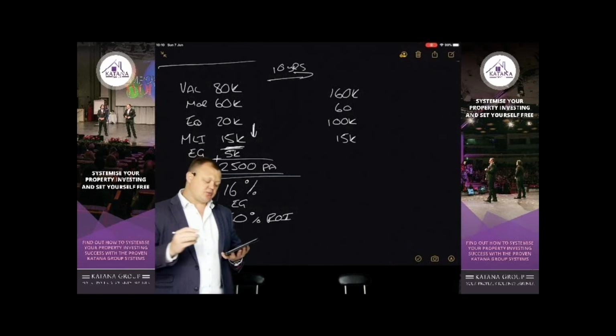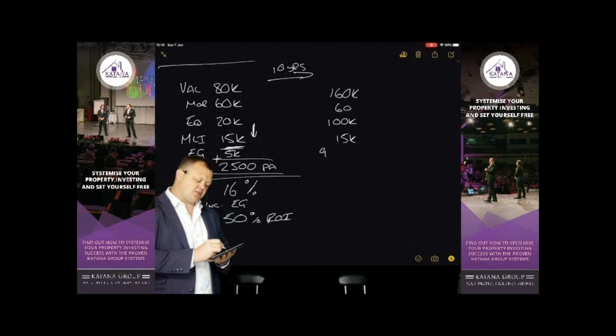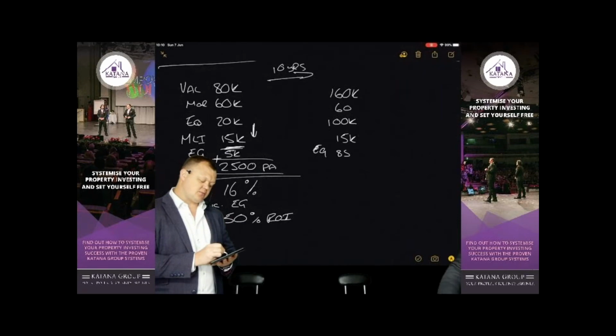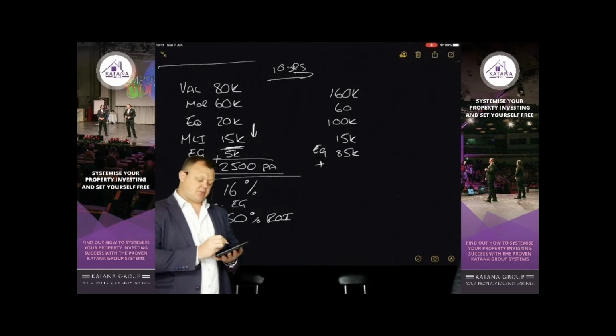Now this is where it gets really interesting, because if you include your equity gain so many years down the line, your equity gain is 85,000 plus your 2,500 times 10 years, so plus your 25,000.